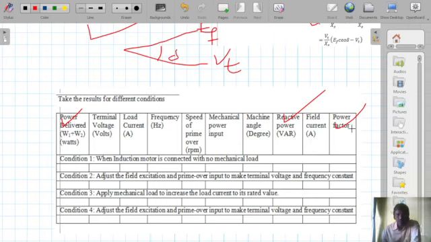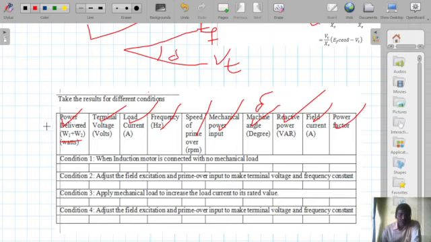So these three can be obtained from wattmeter readings, then field current, terminal voltage, load current, frequency, speed. Mechanical power is the same as W1 plus W2 if we consider that there is no loss, and we have to calculate the machine angle, which is delta, with the help of the previous formula.